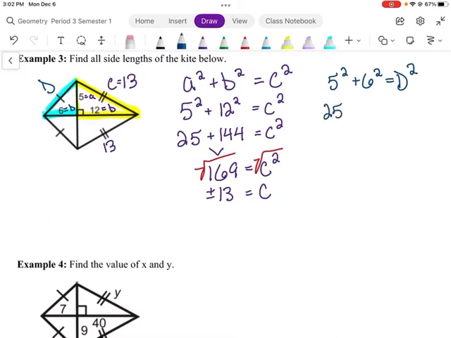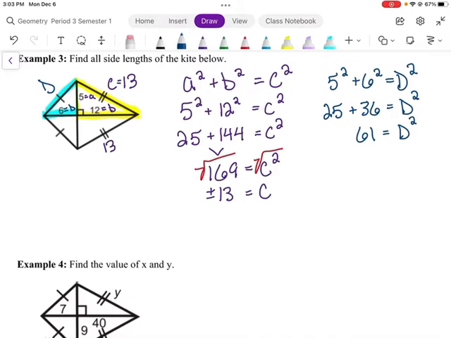And then when we work through this, this would be 25 plus 36 equals D squared. Add them together, and we would get 61 equals D squared. And then we would need to find the square root of that.